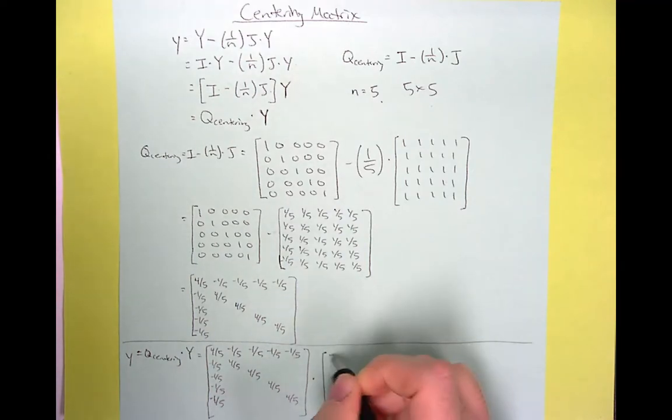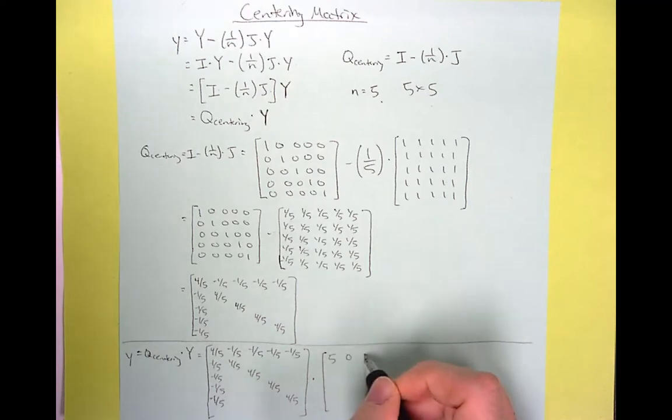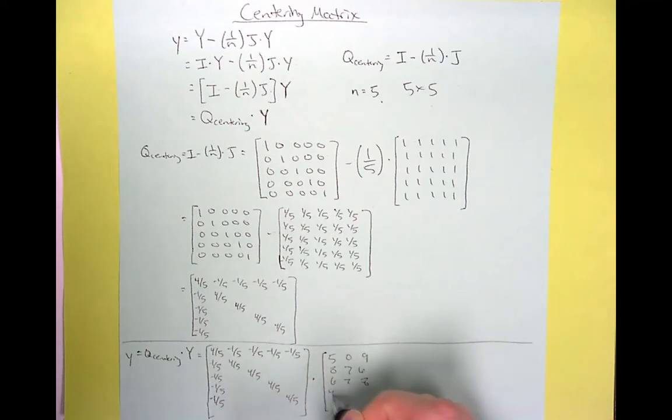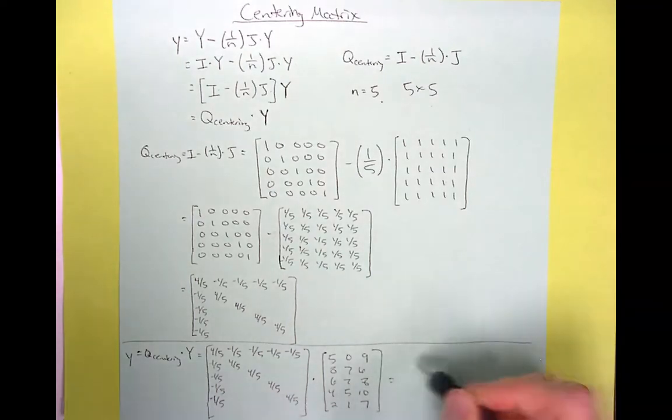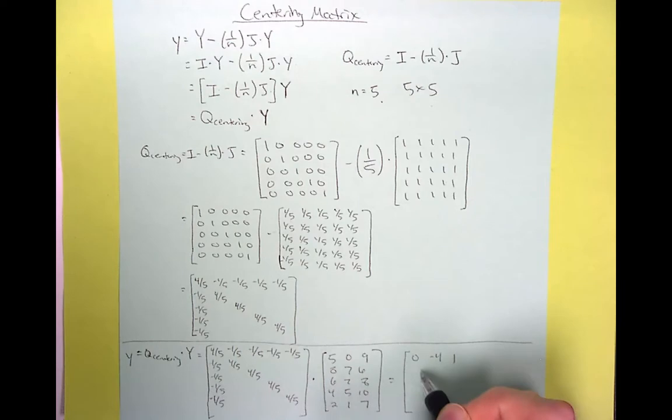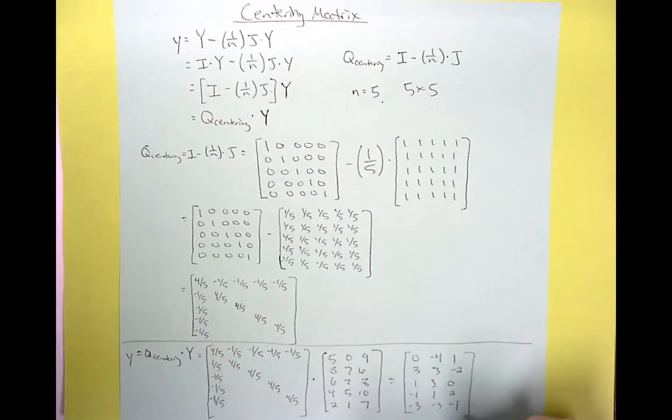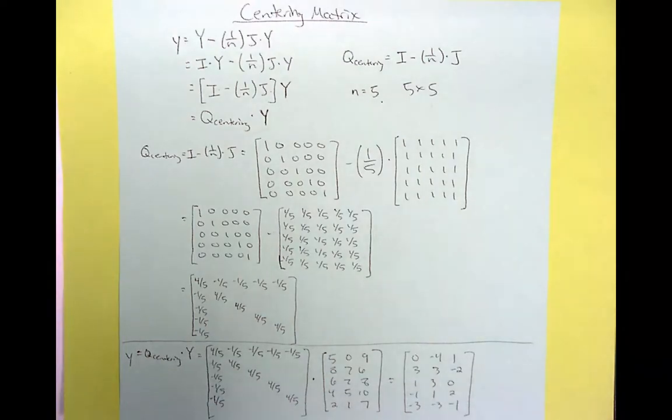if you recall from the previous videos, our Y was a 5×3 matrix of 5, 0, 9, 8, 7, 6, 6, 7, 8, 4, 5, 10, and 2, 1, 7. And this is going to give us 0, -4, 1, 3, 3, -2, 1, 3, 0, -1, 1, 2, -3, -3, -1 when you do that matrix multiplication.